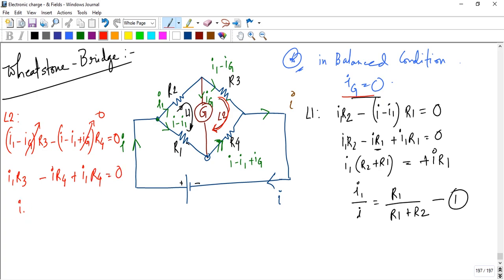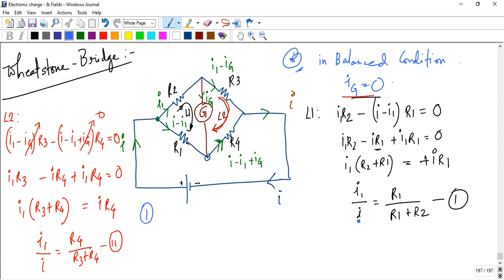I1 common, so I1 times (R3 plus R4) equals I R4. So I1 by I equals R4 by R3 plus R4. That's equation number 2. And you see that equations 1 and 2 are equal.